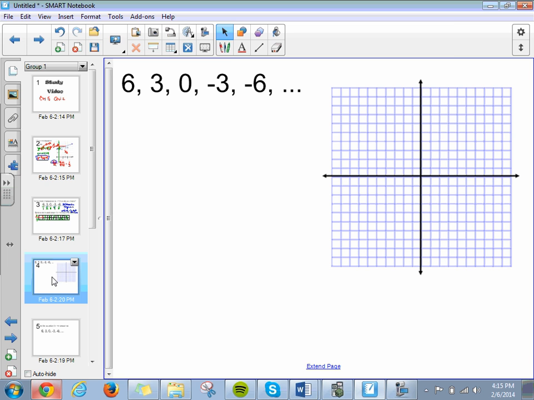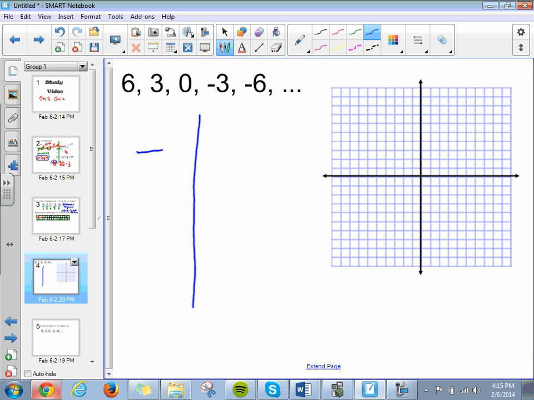All right. So then when we're going to plot that, we made that table of values. Again, I'll do that really quick. Thinking about it as x's and y's, our first term was 6, our second term was 3, our third term is 0, our fourth term -3, fifth is -6. So when I go to plot it, I'm going to plot those points on my graph.